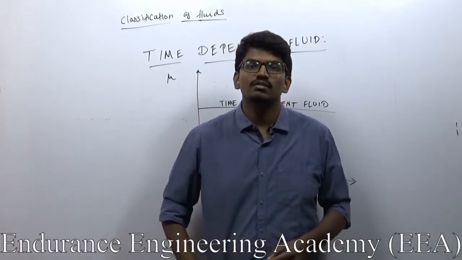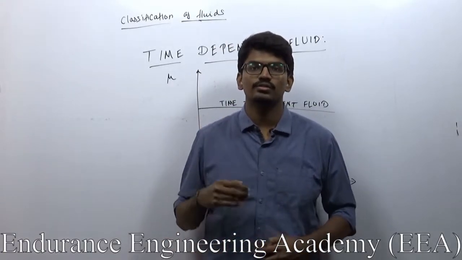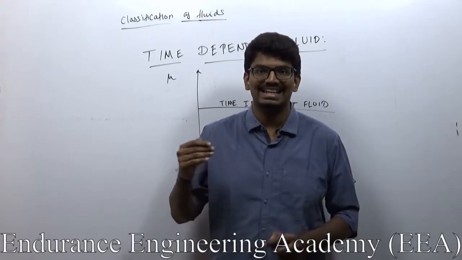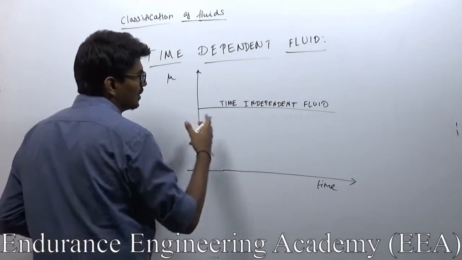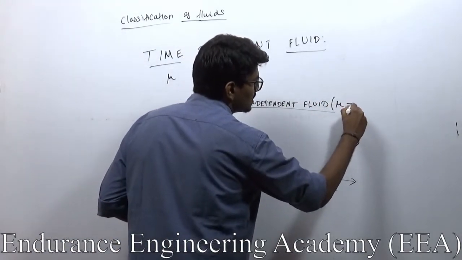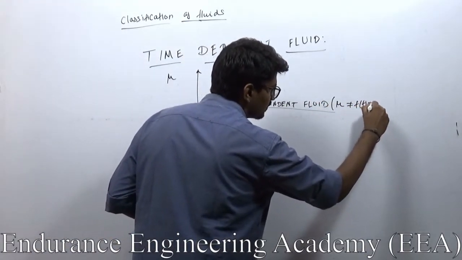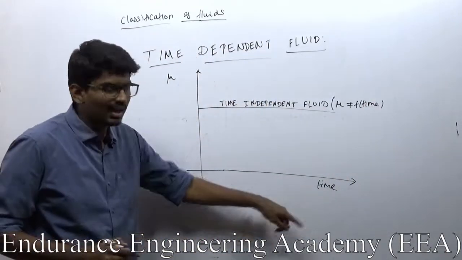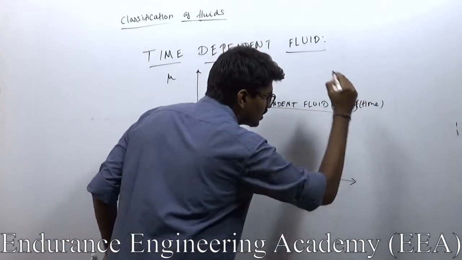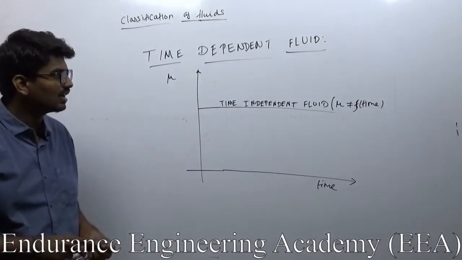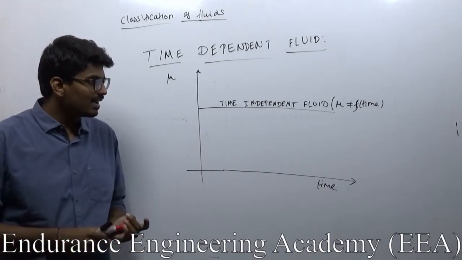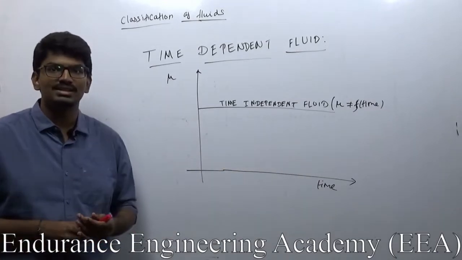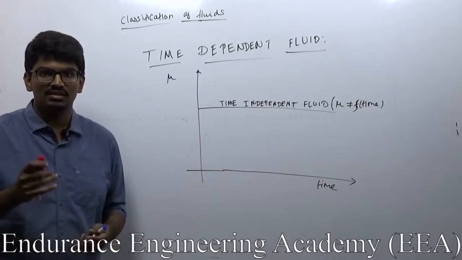Whatever we have seen so far, Newtonian fluid, non-Newtonian fluid, real fluid, are time independent fluids. Time independent fluid means viscosity is not a function of time. With respect to time, viscosity is not going to change. If it is a time dependent fluid, then based on time the viscosity value might change. There are two classifications.